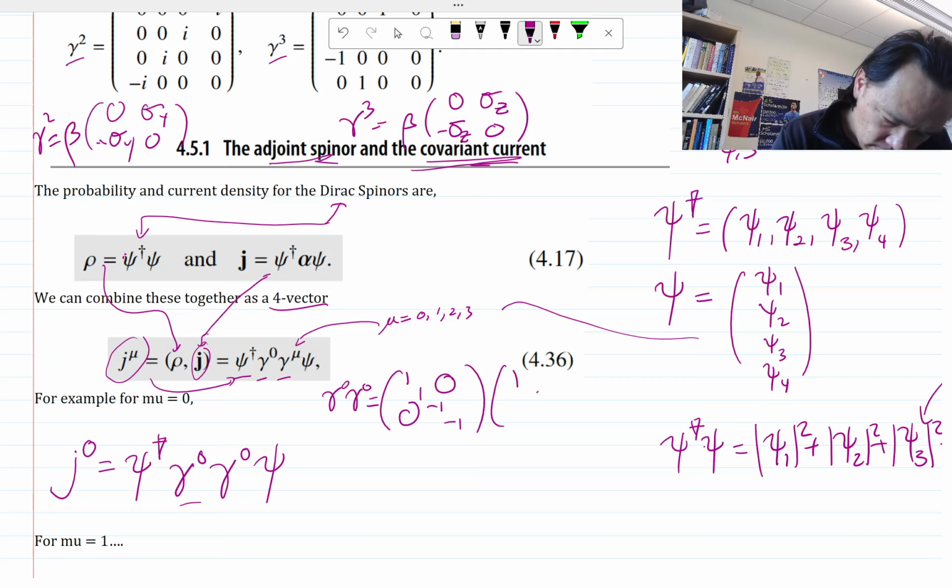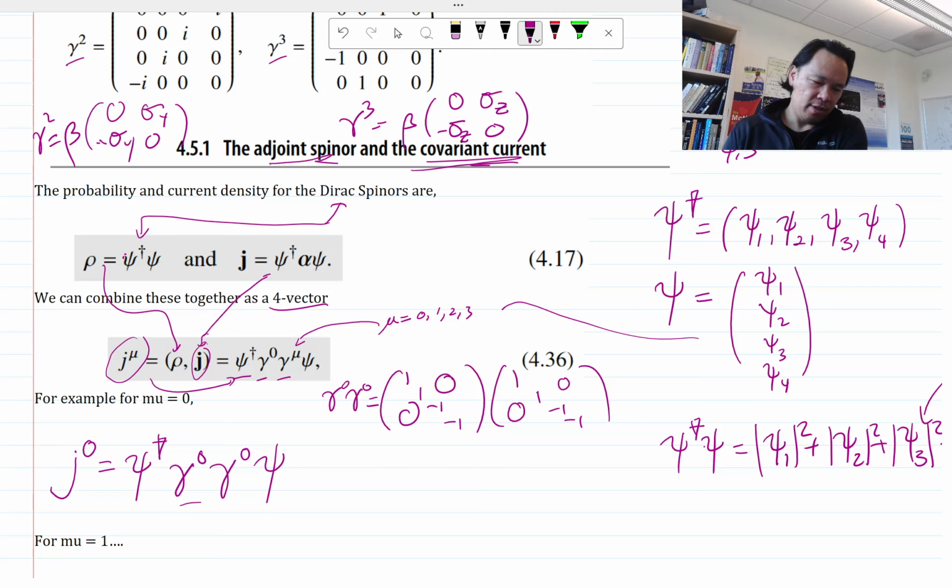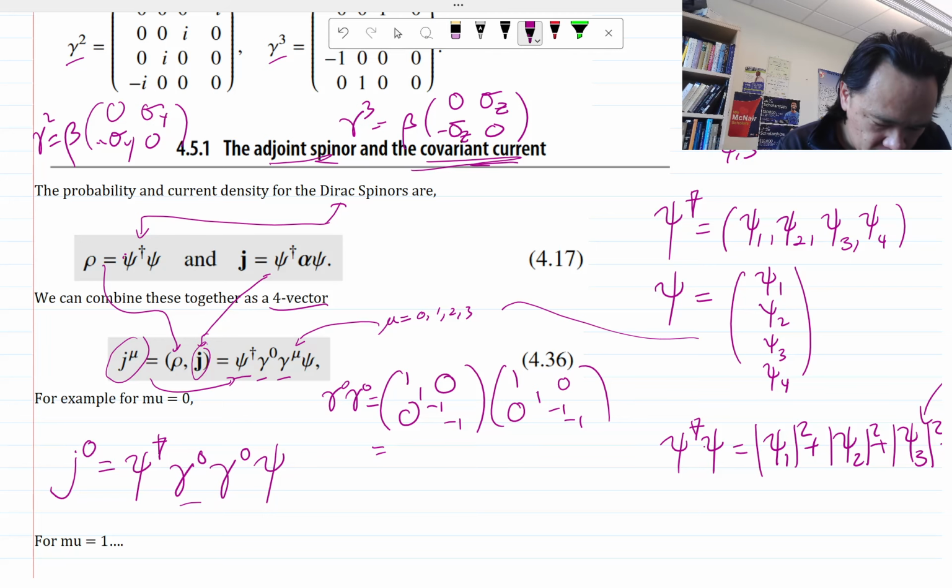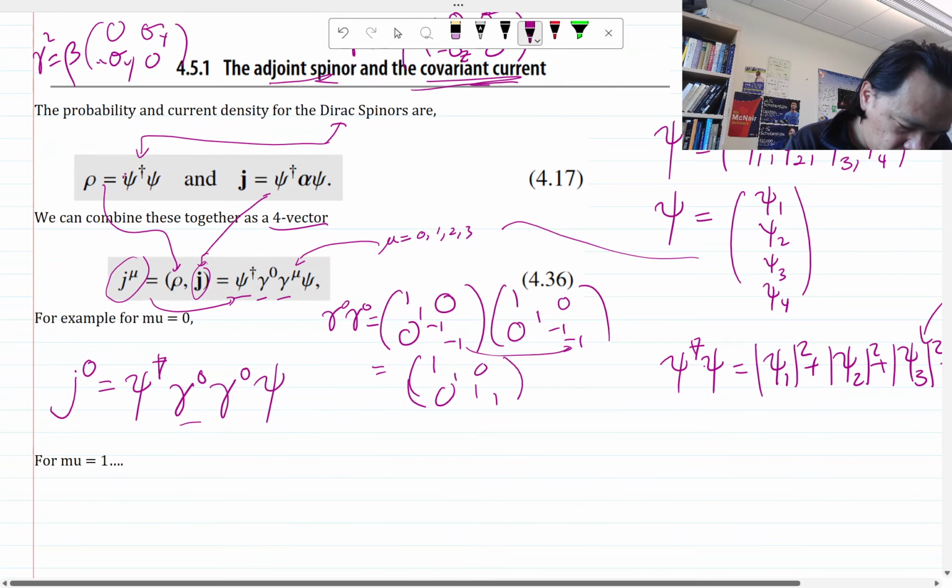Similar to the beta matrices, in fact it is the beta matrices. Remember, gamma 0 is the beta matrix. This just turns into the identity, because these negative signs multiply each other to make a positive. And therefore this whole thing just collapses to psi dagger psi, as we want.